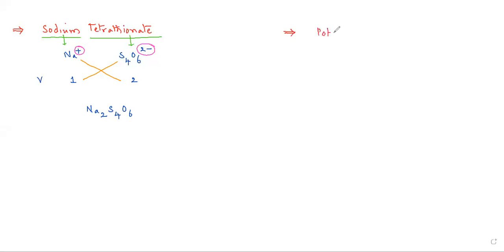Go for potassium manganate. See, there is a permanganate, there is manganate. Now coming to the formula of potassium ion, what is that? K+.